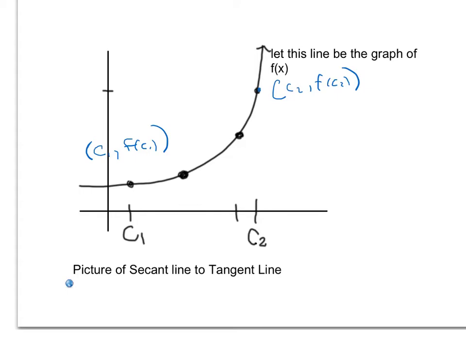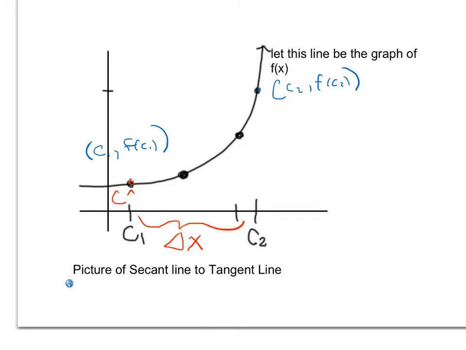From here, if I wanted to, I could do y2 minus y1 over x2 minus x1. But I'm going to change this just a little bit before I plug it in. I'm going to say that I don't know what C2 is, but it's some change in x from where I was at C1. So instead of calling it C1 and C2, I'm going to give this point a new name.